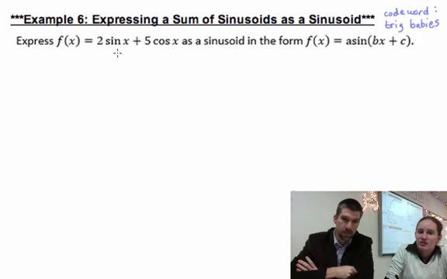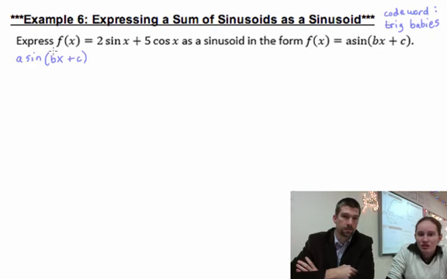We have this sinusoid that has a sine and a cosine, and it wants us to write it in this form. The way we start is we take what we're trying to write it as and use the sum and difference identities on it, where bx would be u and c would be v.